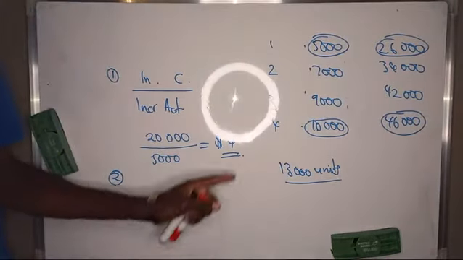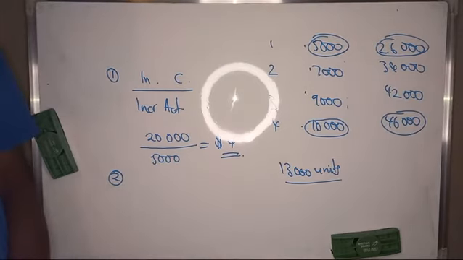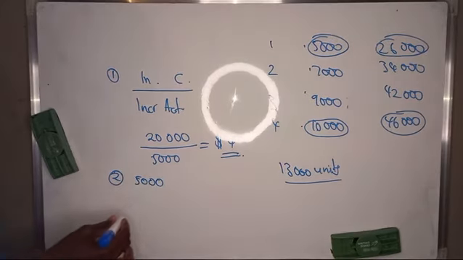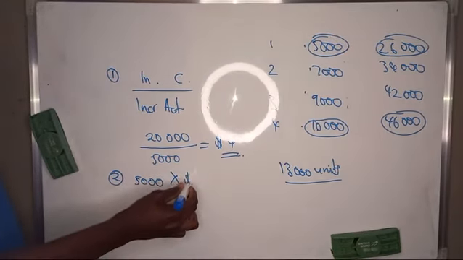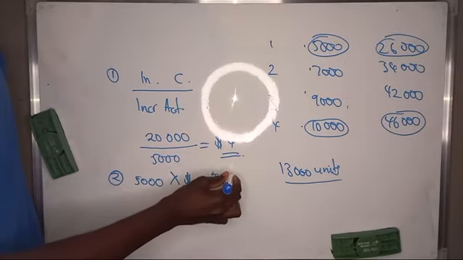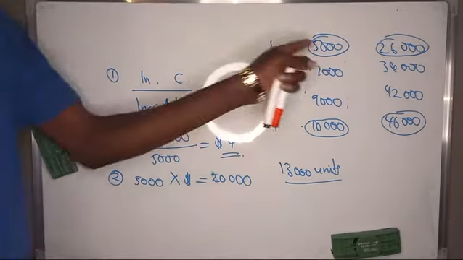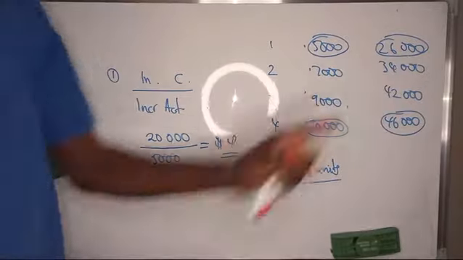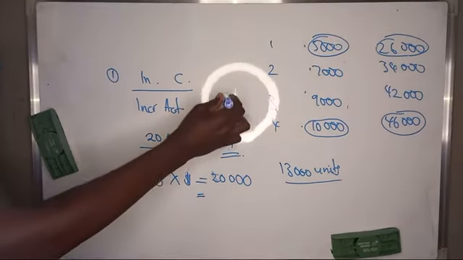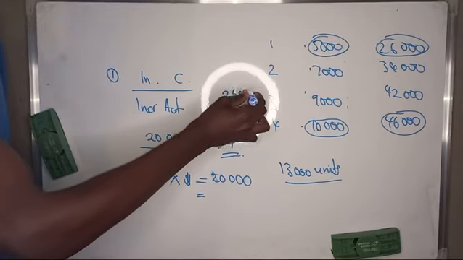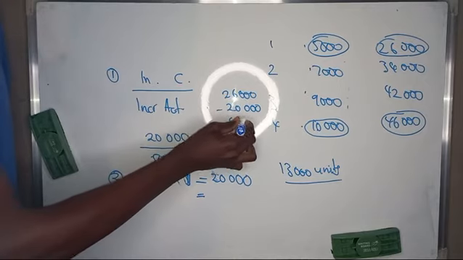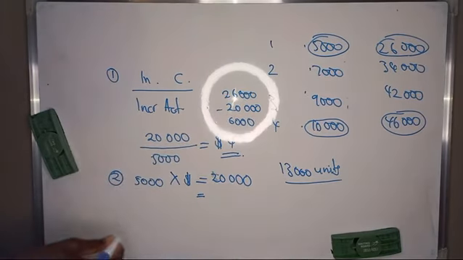Variable cost is 5,000 units multiplied by $4, which gives 20,000. So 26,000 minus 20,000 variable costs, the 6,000 will be your fixed cost.